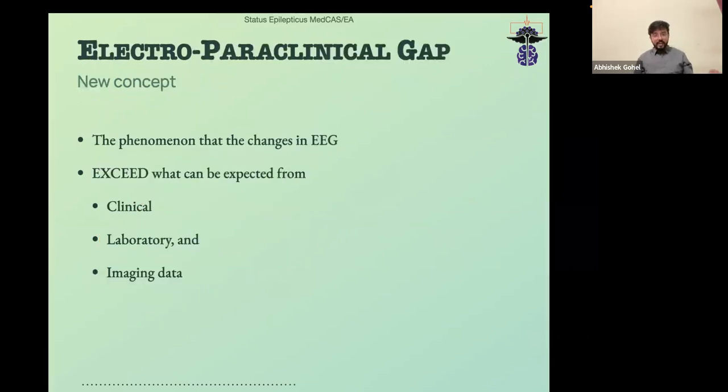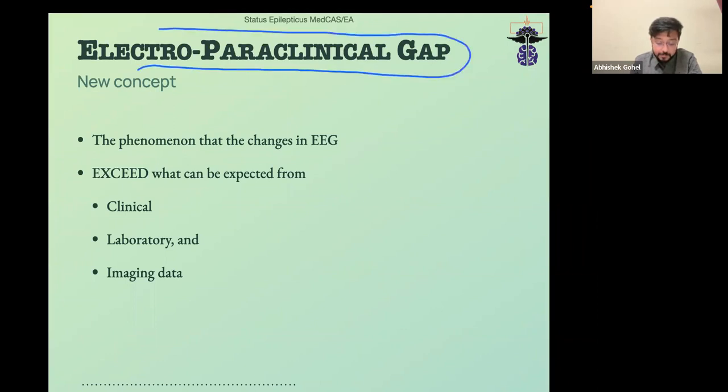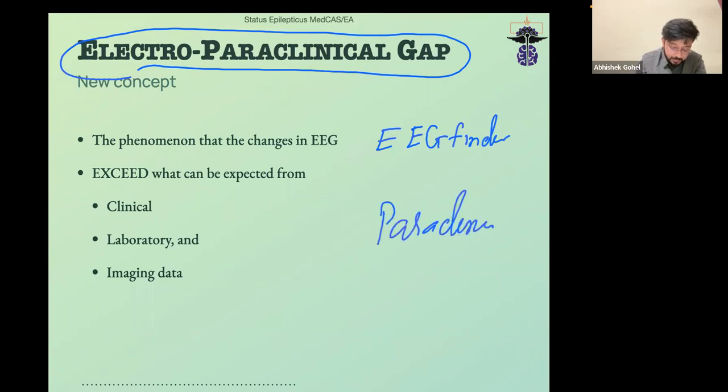So when to ask for EEG, and when to escalate your anti-seizure medication based on this EEG. That is explained by this newest concept, that is the electroparaclinical gap. I'll explain that to you. The electroparaclinical gap is the gap between the EEG findings and your paraclinical findings.